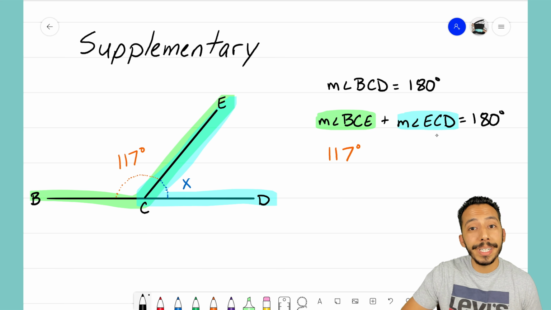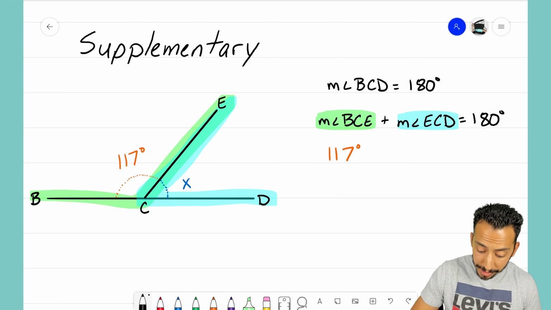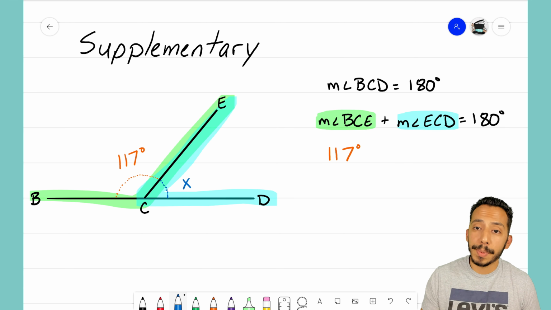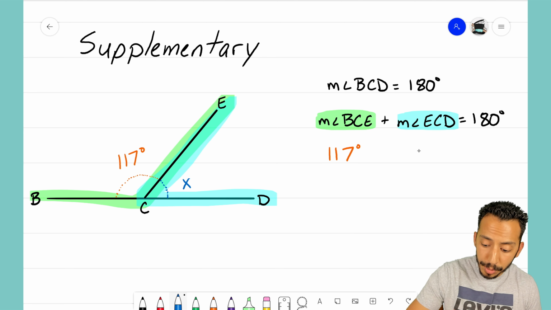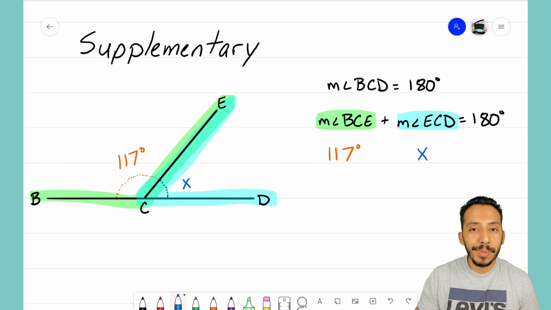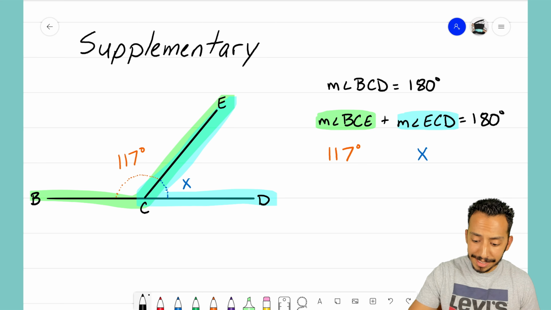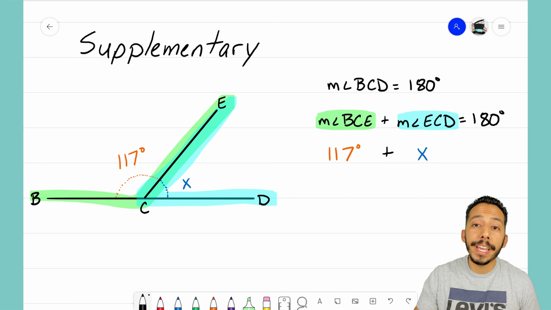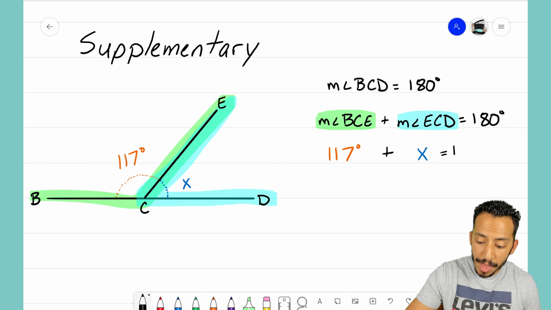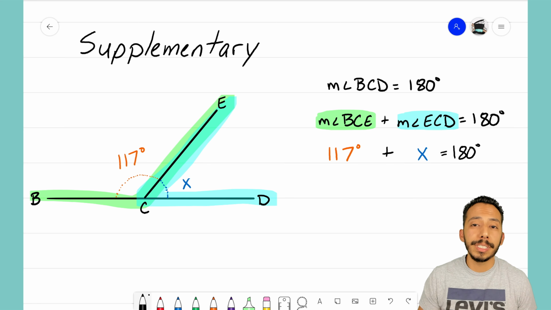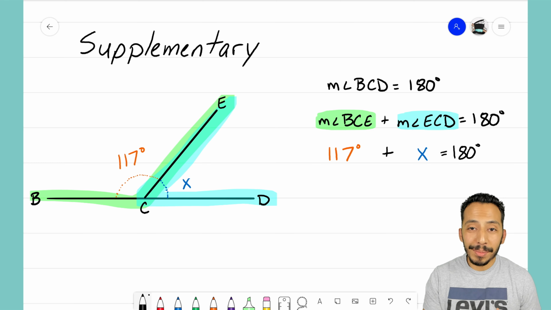Now the measure of angle ECD, we don't know the value for that angle, but we do know that we're representing that angle with the variable x. So notice, I have 117 degrees plus x, and together those two angles, since they're supplementary, have to add to 180 degrees. I have an equation now where I have numbers and a variable.